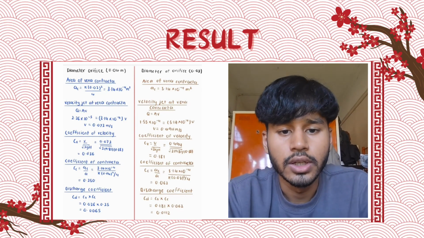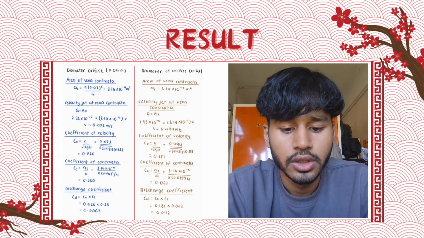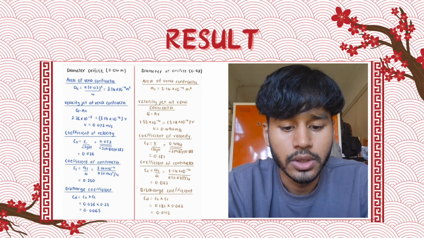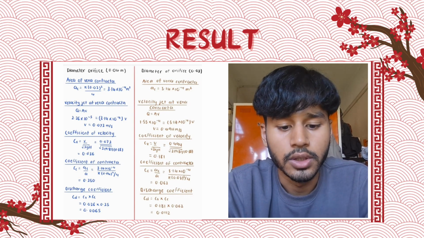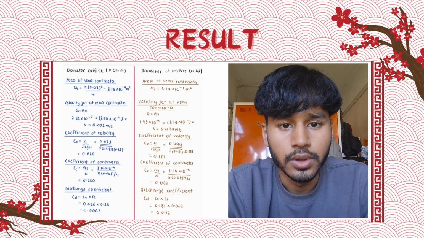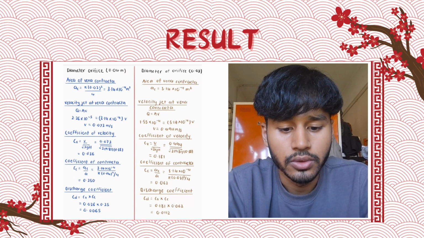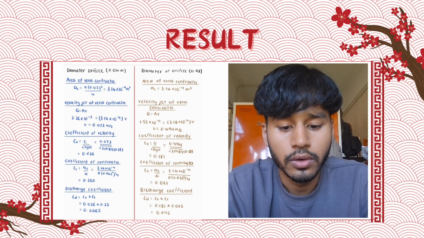Okay, to calculate the discharge coefficient for the diameter orifice 0.04 meter, first, we calculate the area of vena contracta by using the formula pi d squared over 4.